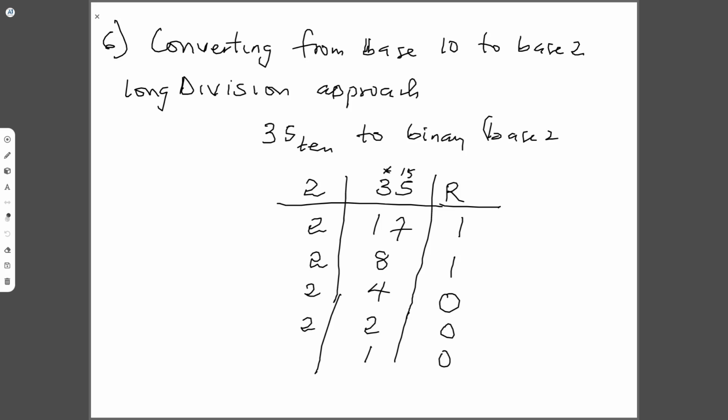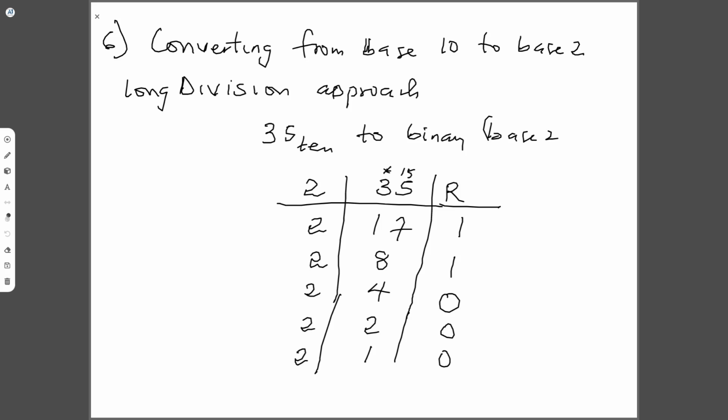Now, do we have to stop here? No. We have to continue until we get the impossible response. And what is the impossible response? When we are dividing the number by 2 and it's not possible. We have 1 here, and we go again for the last time.